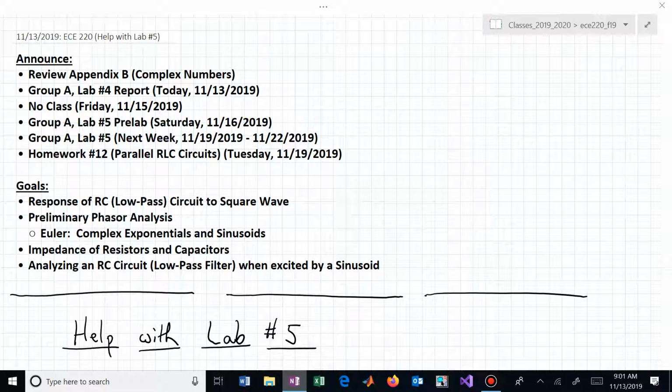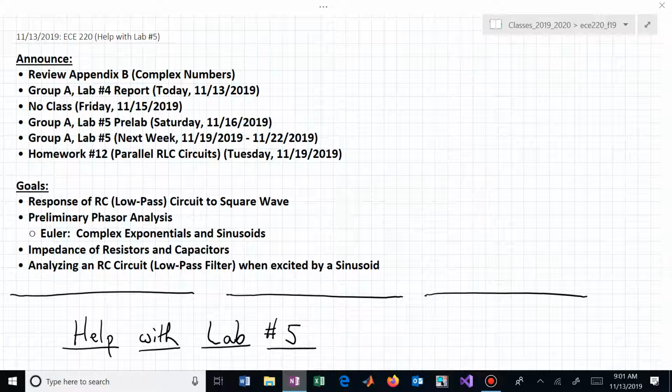Group A, your lab number 4 report is due today. That's Wednesday, and no class, so our last class period of the week is tomorrow. Today is Wednesday. We have a class tomorrow, no class Friday.